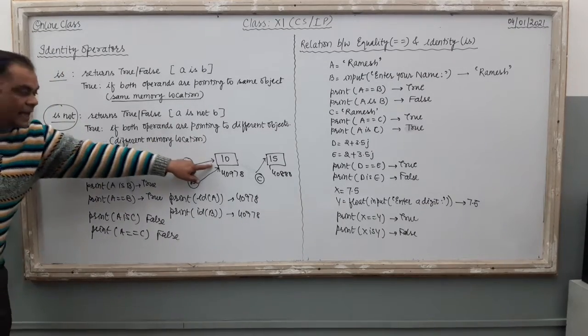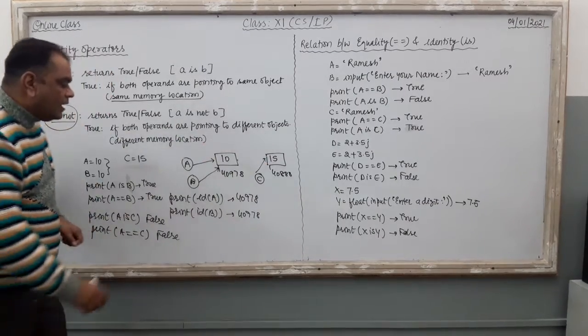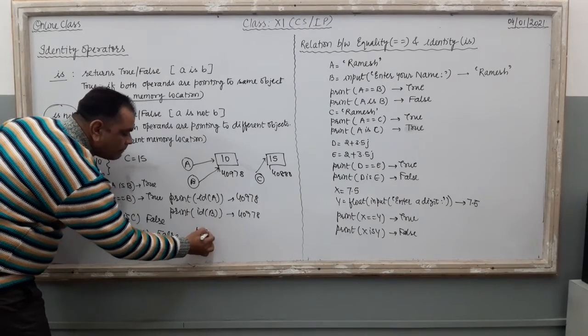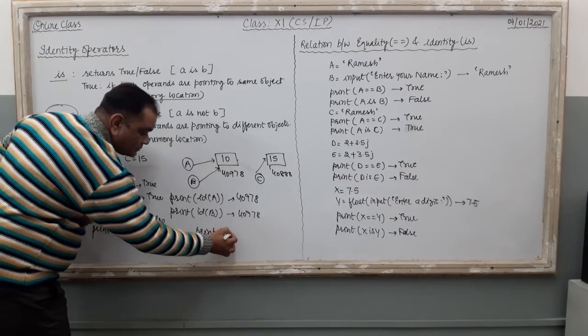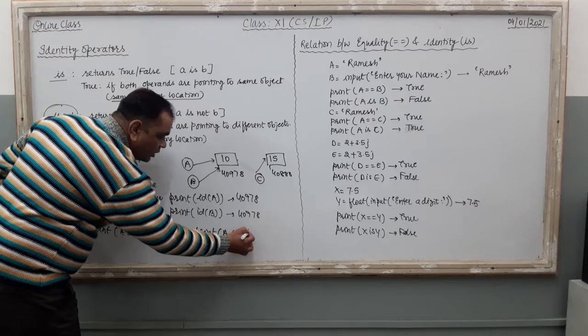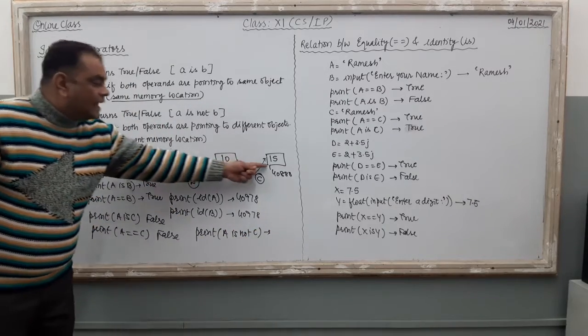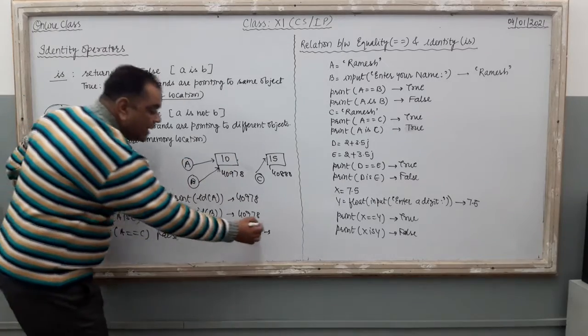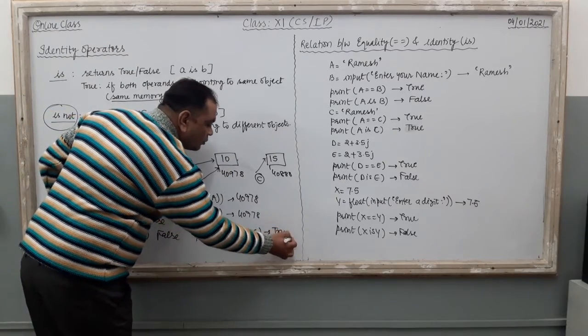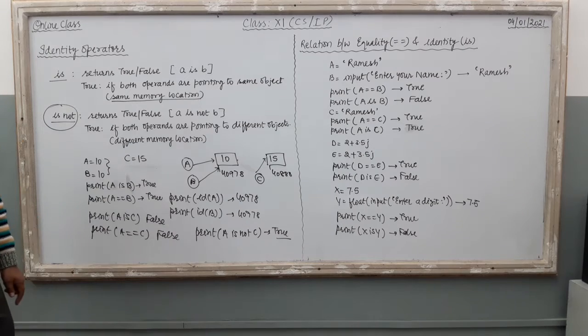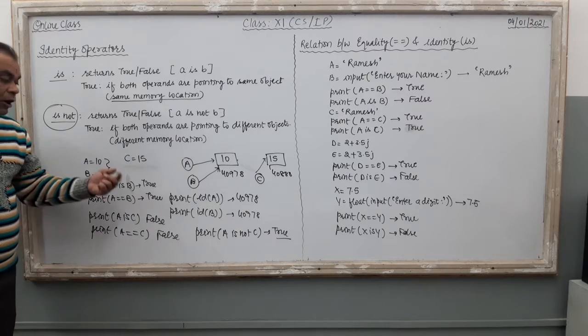A is pointing to 10, C is pointing to 15 here, and if I use this command, print A is not C, it means A and C are pointing to different objects. Here the result is true. It is just the opposite of this one.